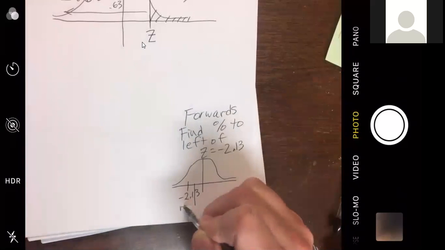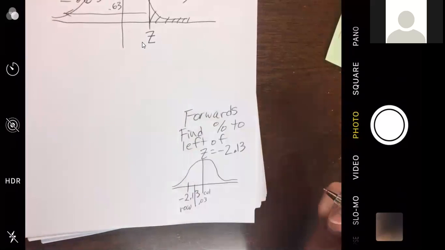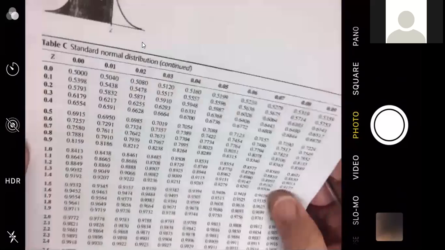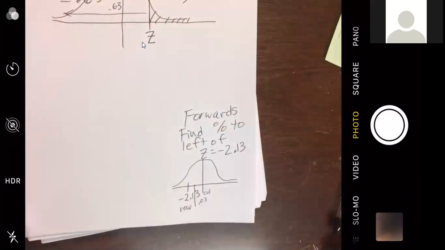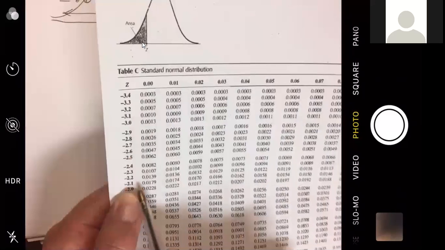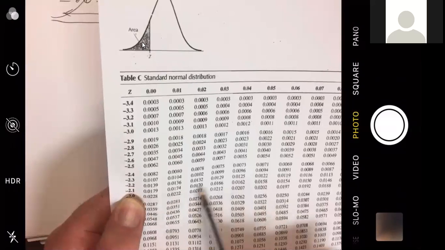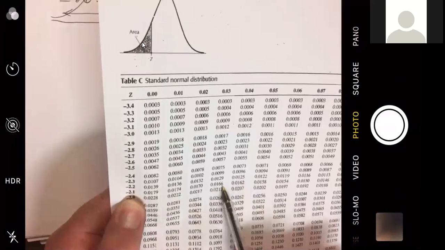This is your row, negative 2.1, and you're in the 0.03 column.